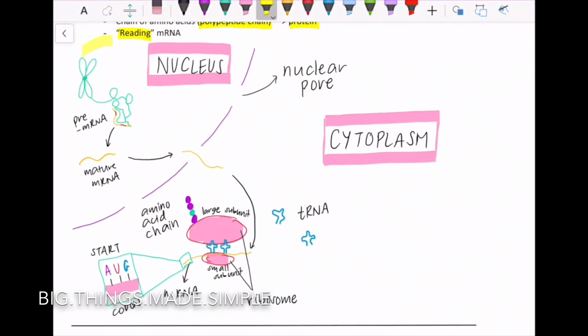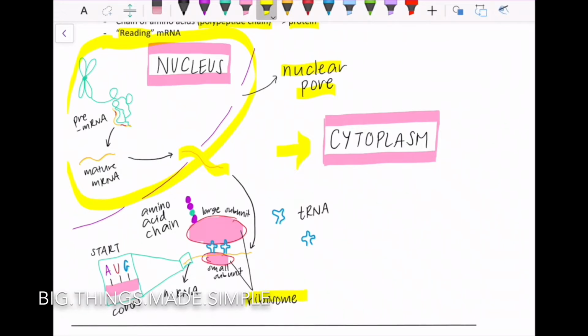We have looked into transcription, which happens inside the nucleus, where we make the mature mRNA strand. The mature mRNA strand will move outside to the cytoplasm through the nuclear pores over here, and will then bind to a ribosome, where translation can occur.